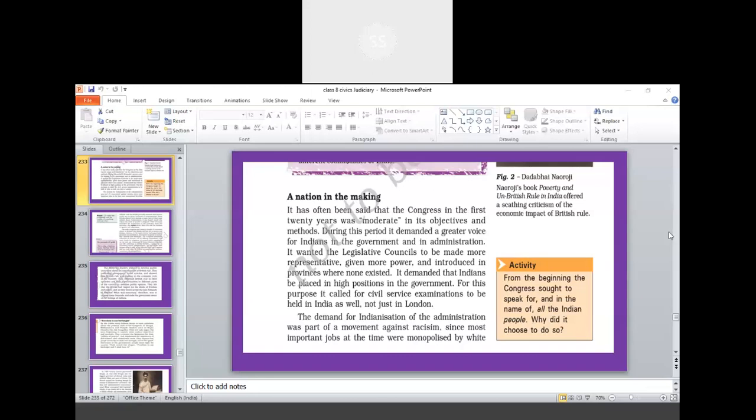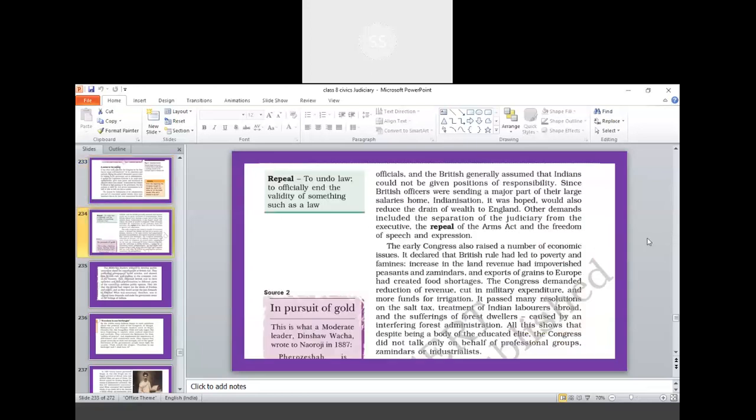Moderates never demanded freedom because they agreed that we cannot fight against the British, who are a huge force. So better we request certain facilities from the British for the betterment of our country. That was the method followed by moderates, writing letters requesting the British government to implement certain facilities.